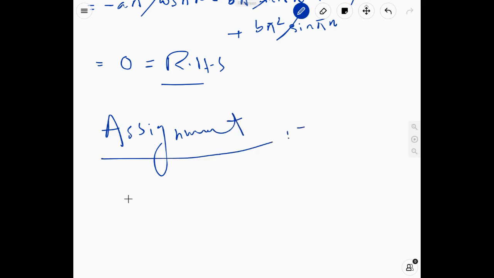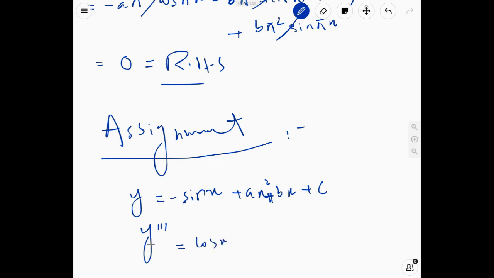You have to show that y is equal to minus sin x plus a x square plus b x plus c is the solution of y triple prime is equal to cos x. You have to take the derivative of y 3 times. You have to find out the third order derivative of y. And this is your homework.